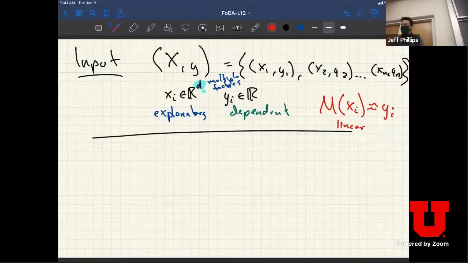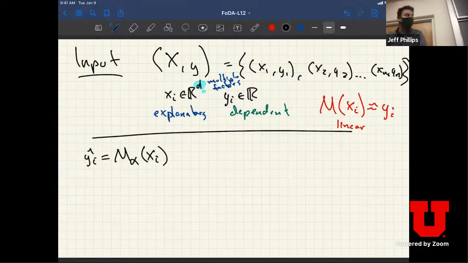linear. When I want this to be linear, what this means is that I'm going to keep the form of my yi hat, which I'm going to get out of this model, and I'm going to parameterize this model by a vector called alpha. I'll say more clearly what alpha is in a second.